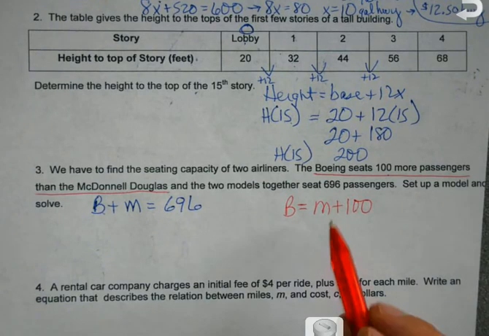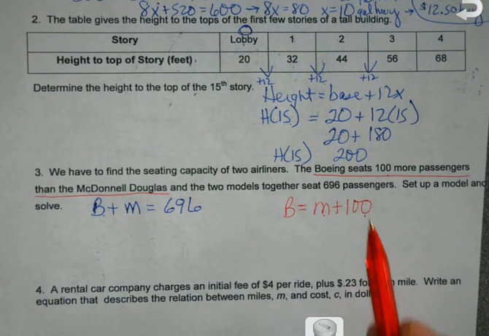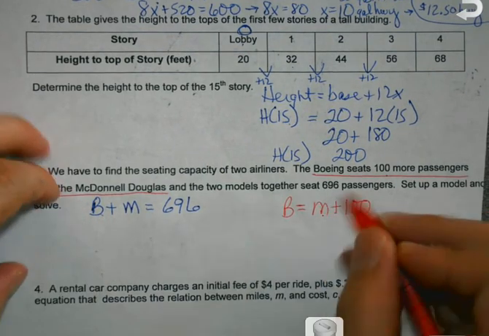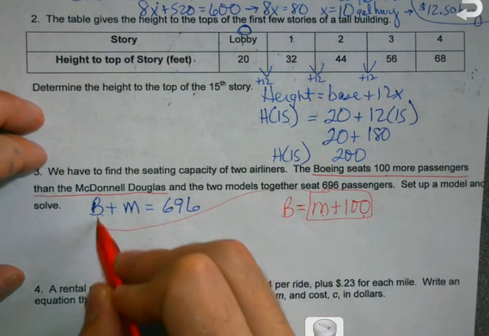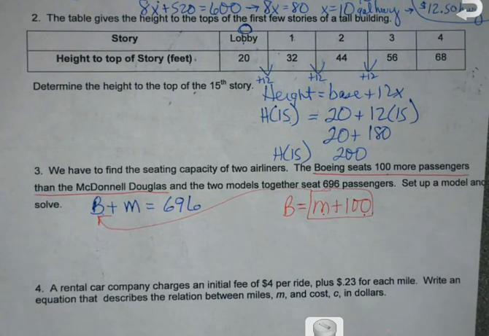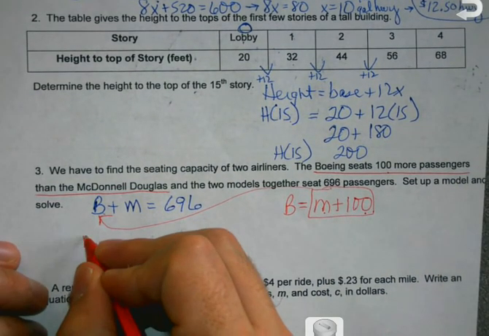Boeing is McDonnell Douglas plus 100, right? If that's true, then I could take that M plus 100 and plug it in for Boeing, and all of a sudden I just have one variable to work with. Again, I could set up systems on this, but probably don't want to get into all of that.